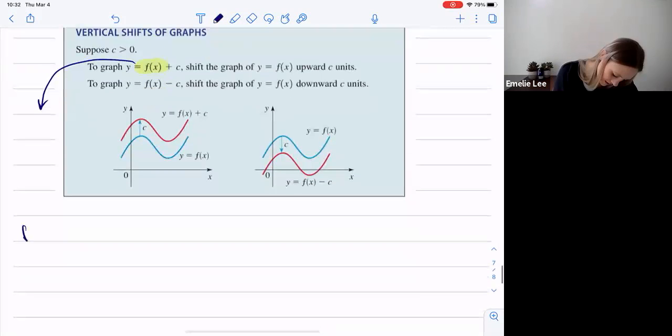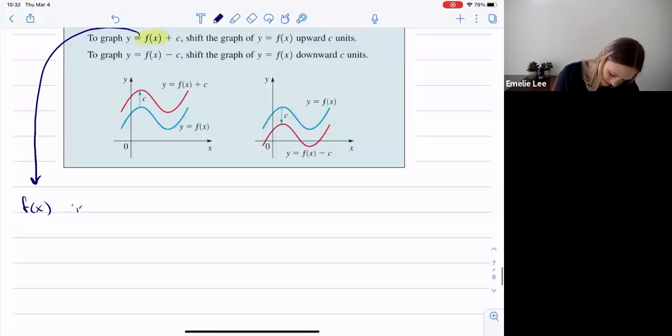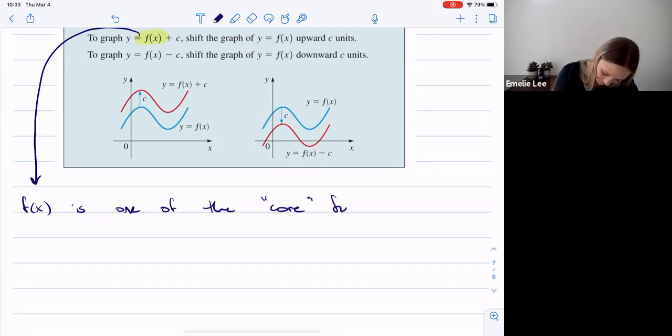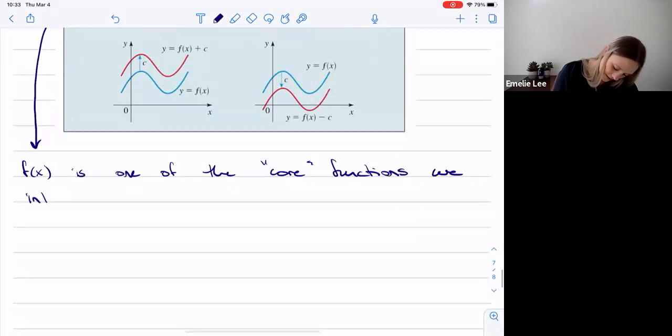And so here, f of x, and maybe I should draw the whole. f of x is one of the core functions we introduced in section 2.2.